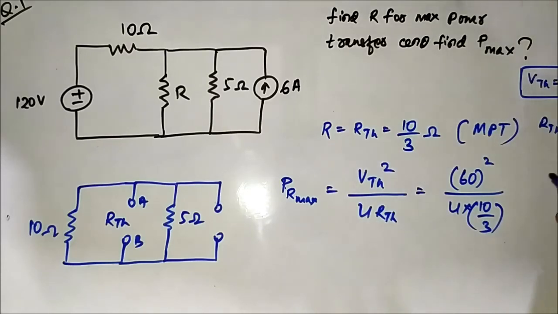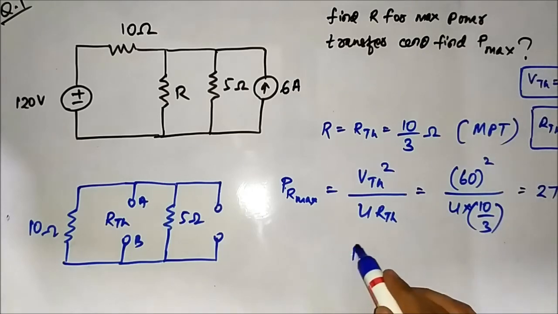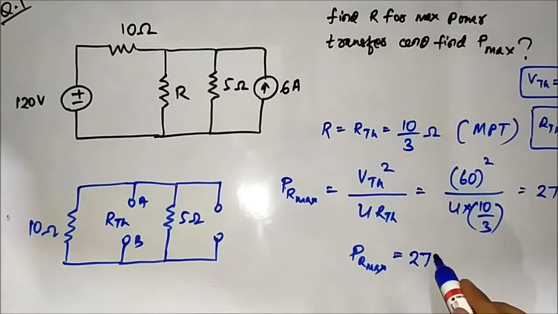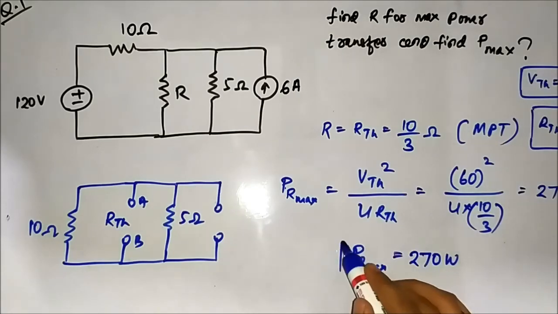Okay, 270 watts. So PR max is equal to 270 watts. The maximum power that is transferred to this unknown resistor is equal to 270 watts.